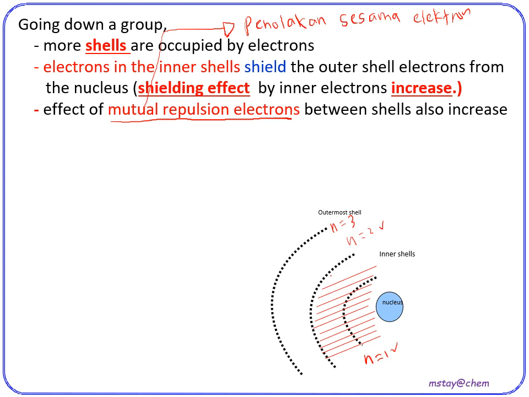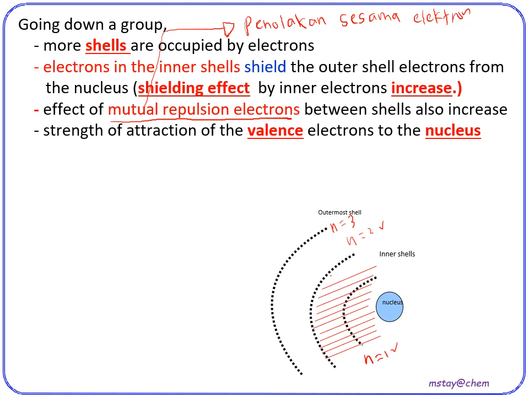When the repulsion happens, the strength of the attraction of the valence electron to the nucleus becomes weaker. We emphasize valence electrons because when we discuss size, we focus on the distance between the nucleus and the valence electron.